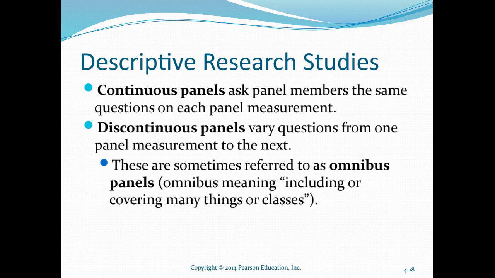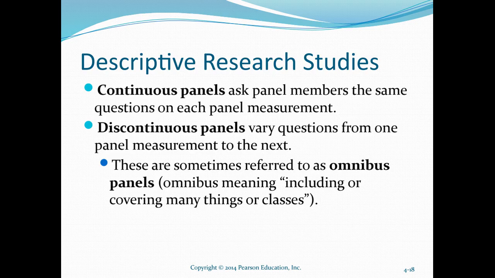Sometimes we do it because of social desirability bias. Sometimes people will not tell you the whole truth. These discontinuous panels are sometimes referred to as omnibus panels. Omnibus means including or covering many things or classes.